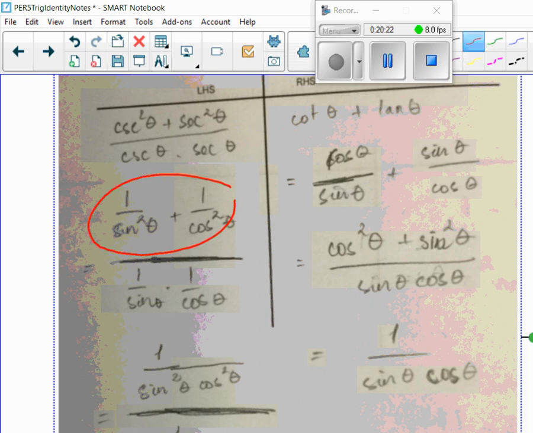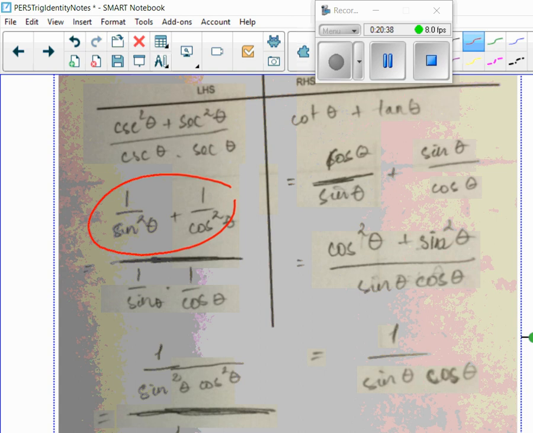I do not know if she literally, because there are some students that would think that 1 over sine squared plus 1 over cos squared is 1 over sine squared cos squared. Do you see what I'm saying? They actually think that's a legit move, and it's not, obviously.